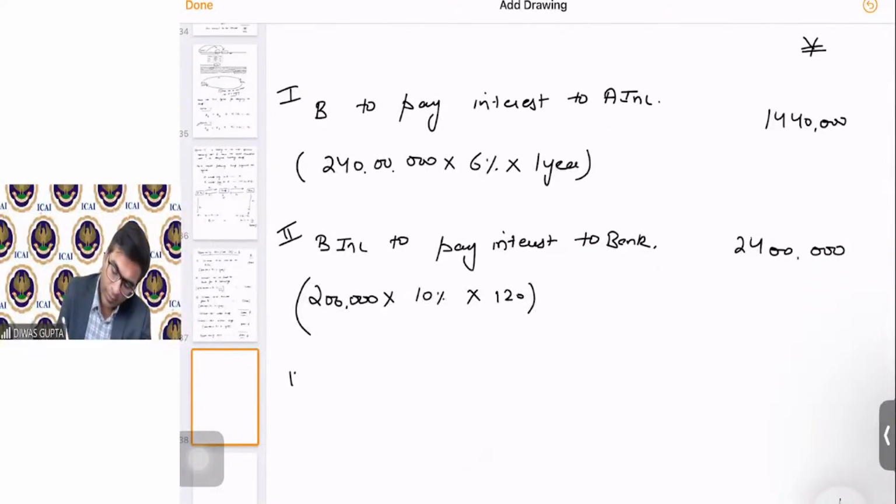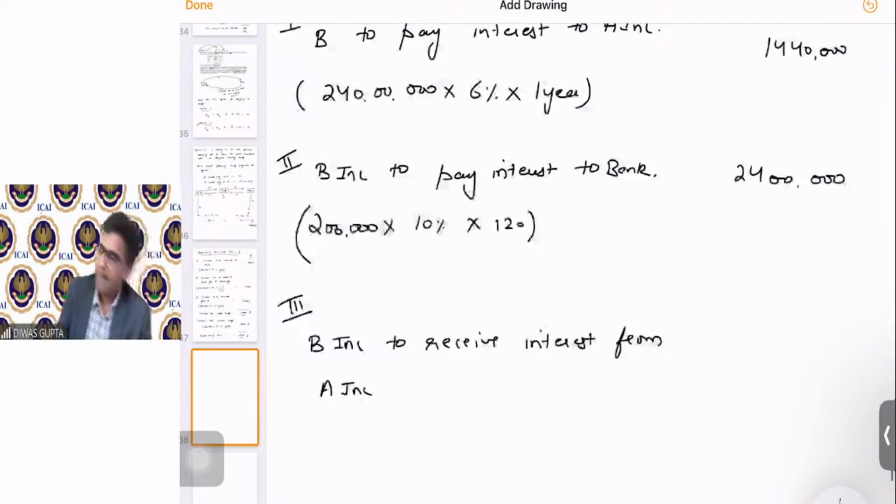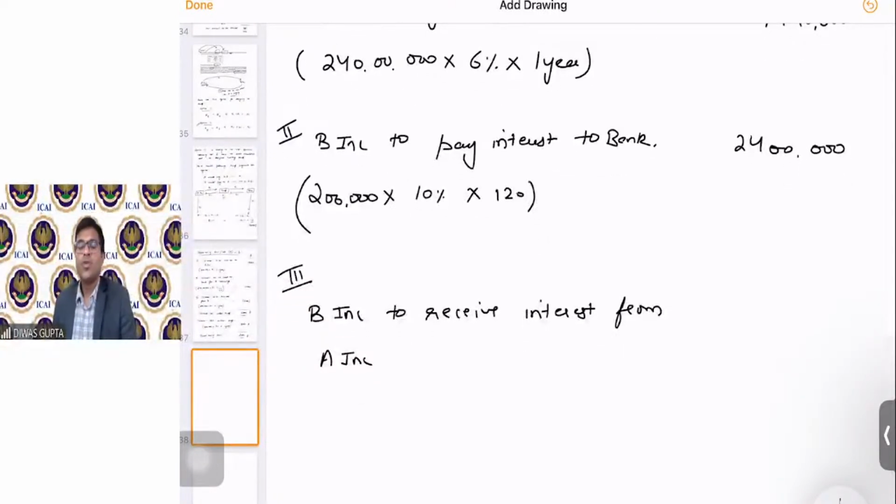Third, B Inc. is to receive interest from A Inc. So B receives interest from A at 9%, students, right?